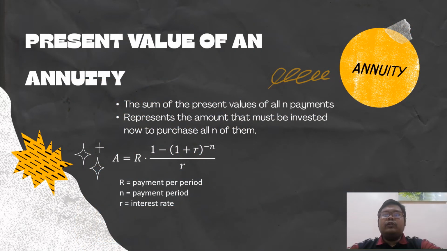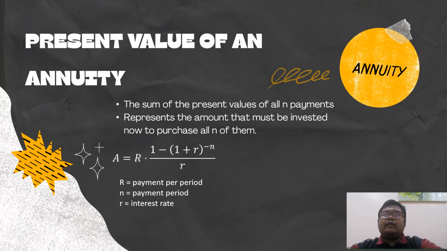First, we're going to look into the present value of an annuity. It is the sum of the present values of all N payments, and it represents the amount that must be invested now to purchase all N of them. The formula for the present value of an annuity is A equals big R multiplied by 1 minus 1 plus small r to the power of negative n, over small r.